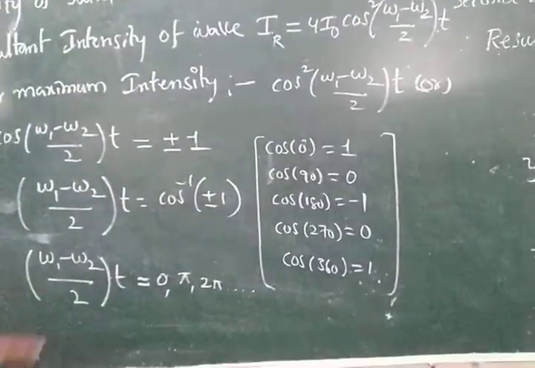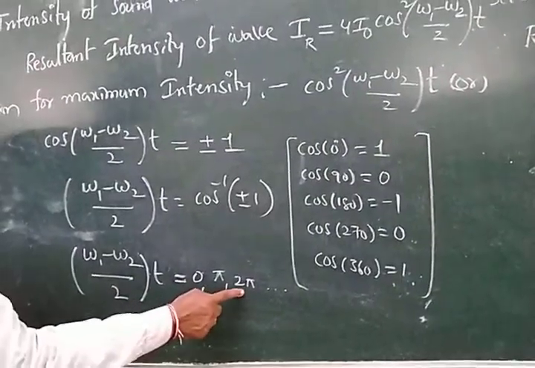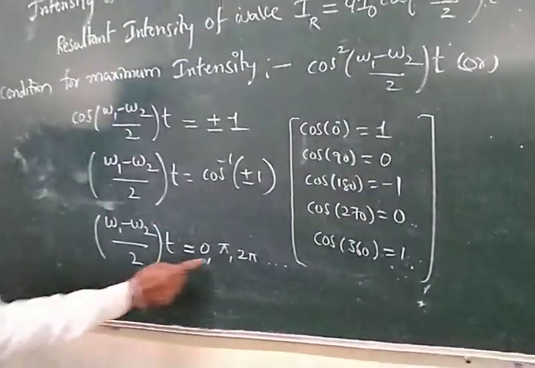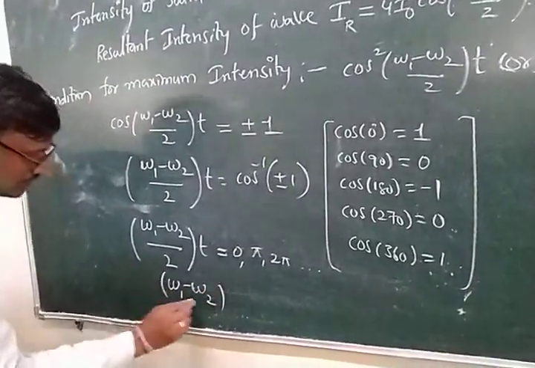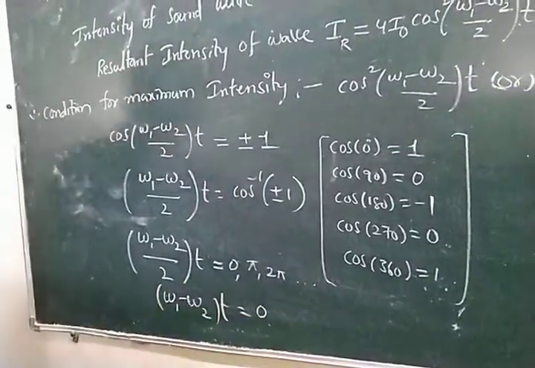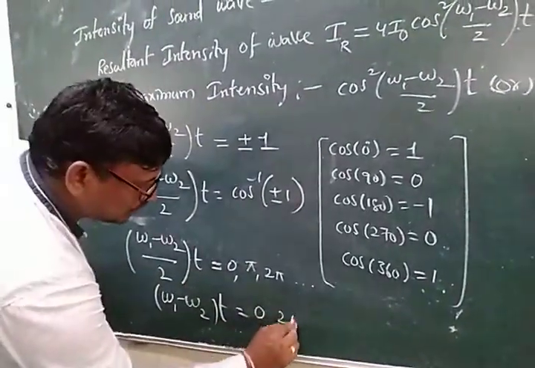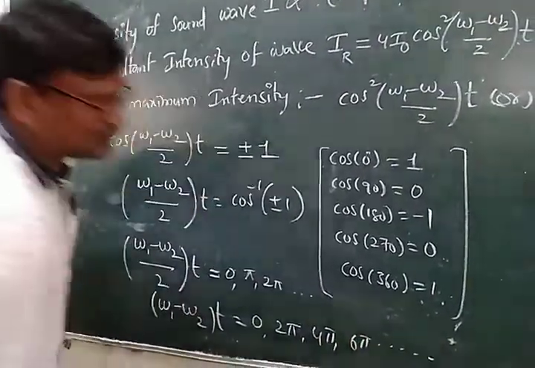The cos inverse of plus or minus 1 gives 0, pi, 2 pi, and so on. Now taking the 2 to the other side, (omega 1 minus omega 2) into t is equal to 0, 2 pi, 4 pi, 6 pi, and so on.